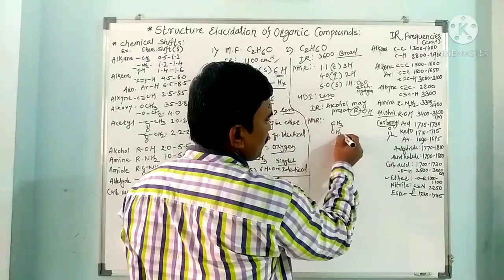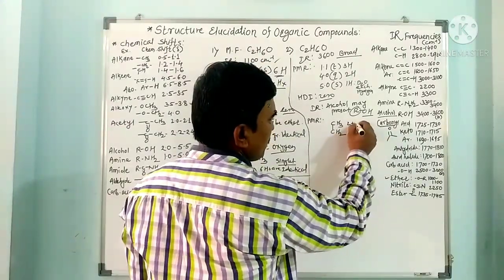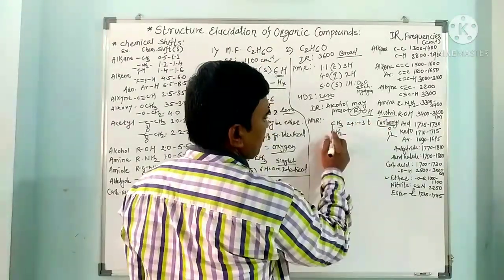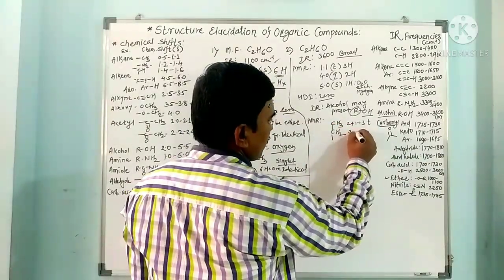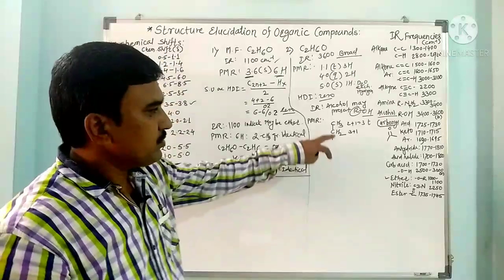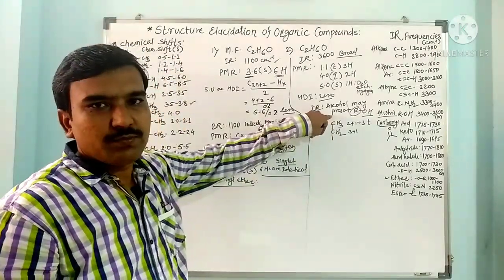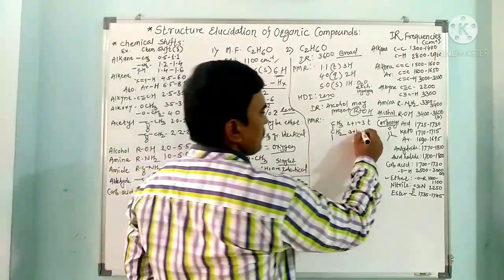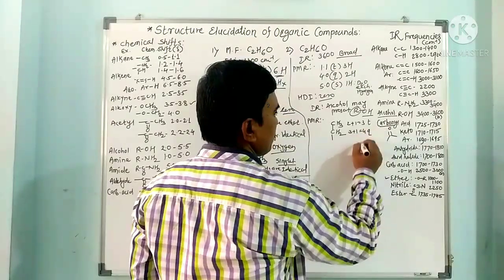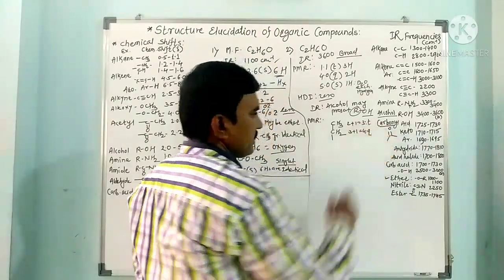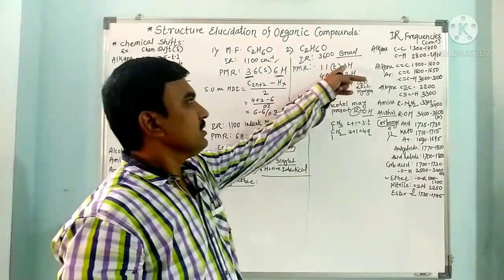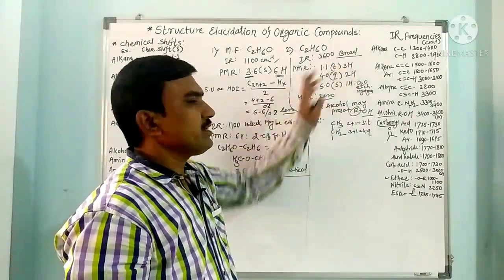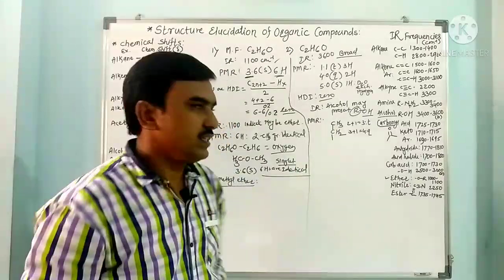Then it gives 2 plus 1, adjacent protons 2 plus 1 equal to 3, so it gives a triplet. The CH2 is attached to CH3, 3 plus 1. So the multiplicity depends on protons attached to the neighboring carbon plus 1. So n plus 1 is 3 plus 1 equal to 4, so it is a quartet. Triplet and quartet indicate an ethyl group must be there. When we have 3 protons and 2 protons giving a triplet and quartet, it clearly indicates an ethyl group is there.